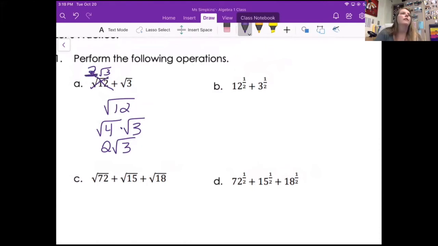What number's in front of the other square root symbol? A 1. There's no 1 there. Yes, there is. It's imaginary, so we're going to write it in there. 2 plus 1 would give us 3, and then we do not change what's underneath that square root symbol. We leave it as 3 square root of 3.